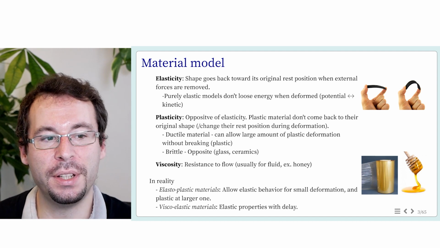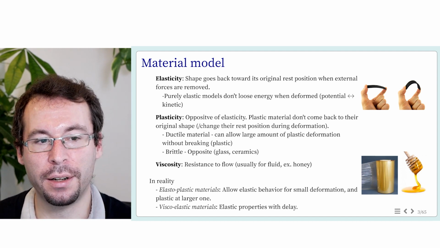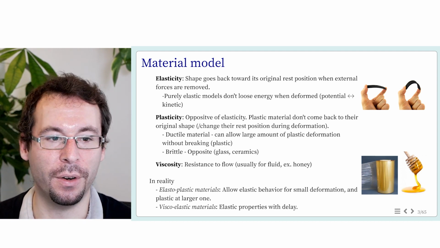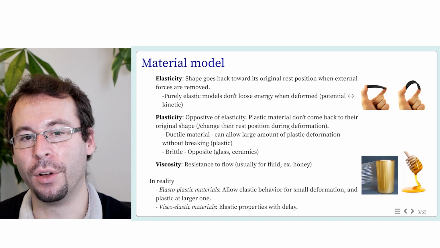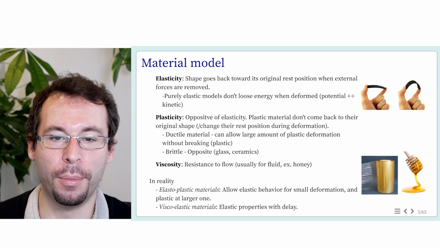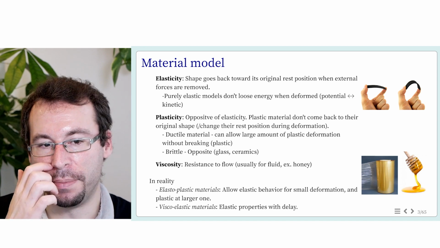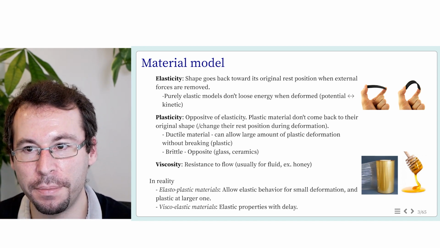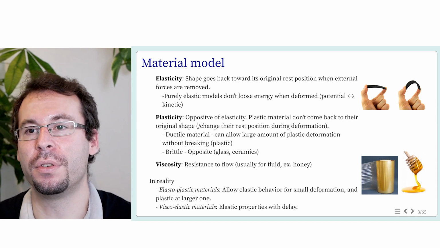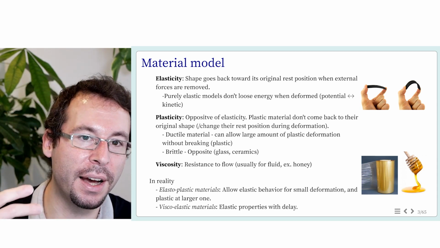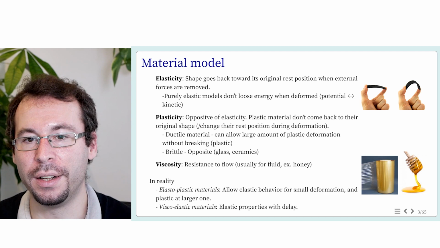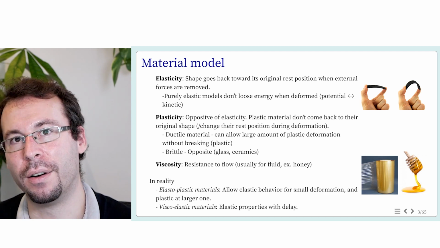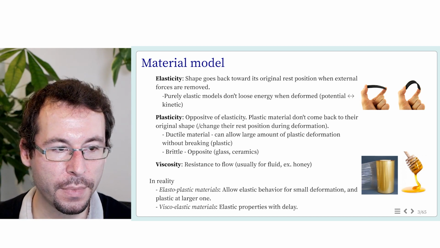But on the opposite side, there are brittle materials that can break with a small amount of deformation, typically glass or ceramic, things like that. They can undergo some deformation, but they break quickly when they are deformed.